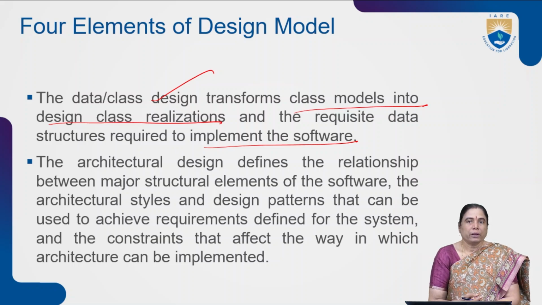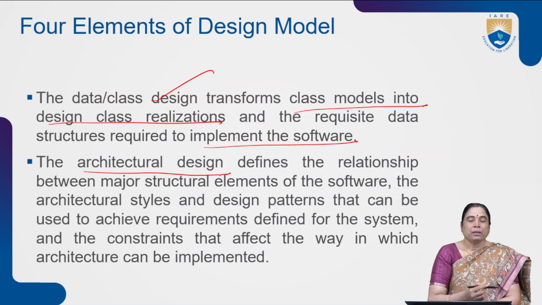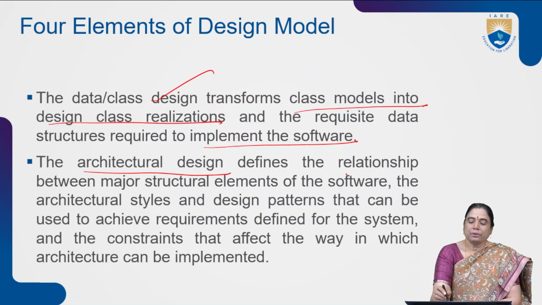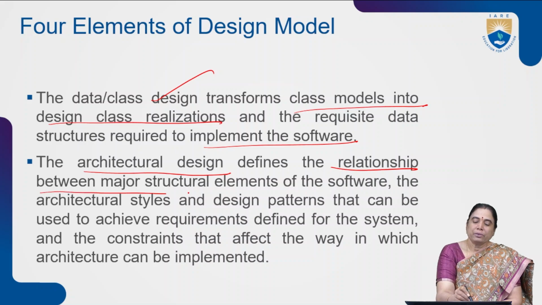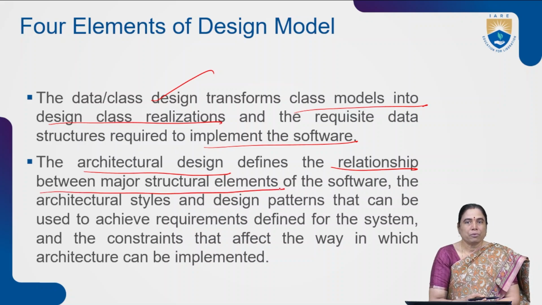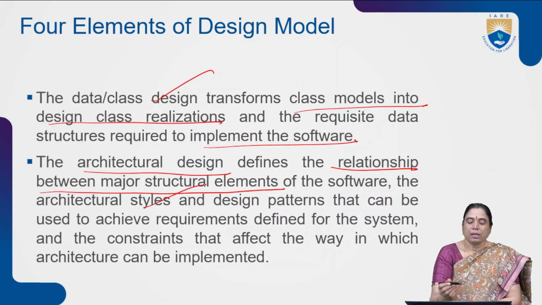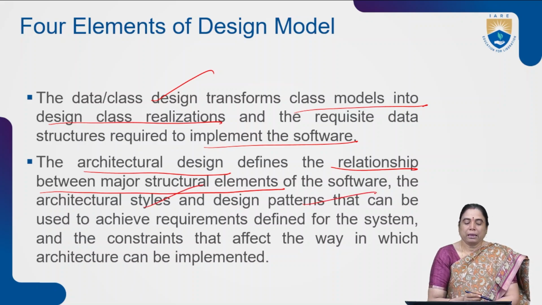Another element of the design model is architectural design. This architectural design element defines the relationship between the major structural elements of the software, the architectural styles and design patterns that can be used to achieve requirements defined for the system.